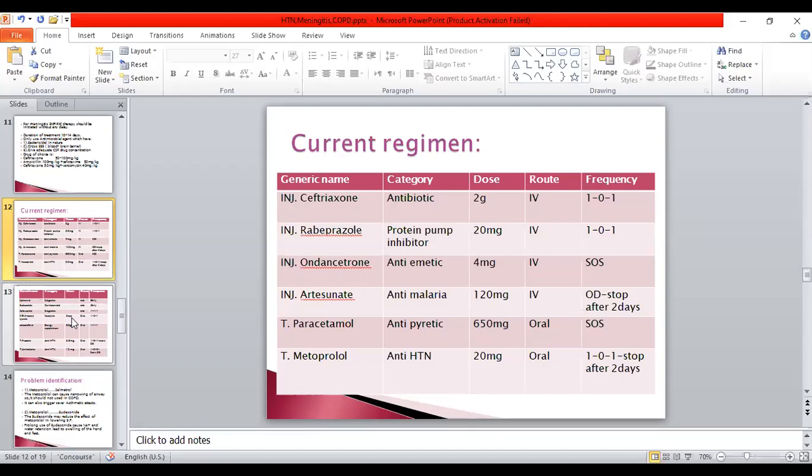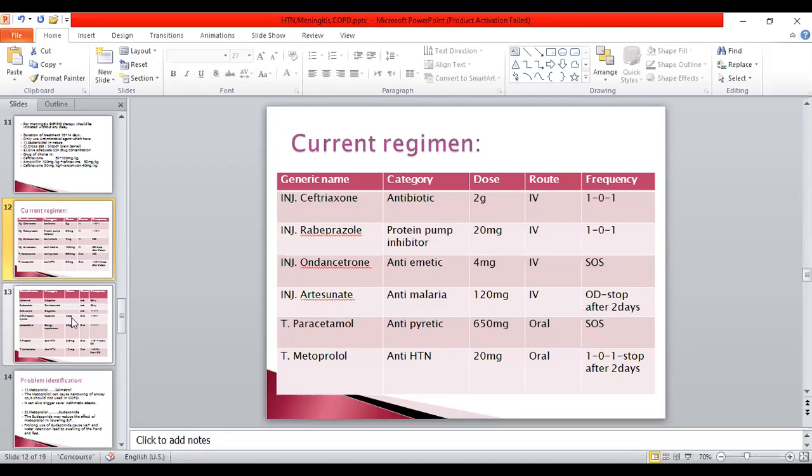Okay, so that's what made me think: were there any symptoms or evidence that made the physician think about malaria? Artesunate is the drug of choice for cerebral malaria, to save the patient from complications of malaria. So did the physician think this meningitis is a complication of malaria? But after some time they stopped it, so maybe they ruled out that this is a complication of malaria.